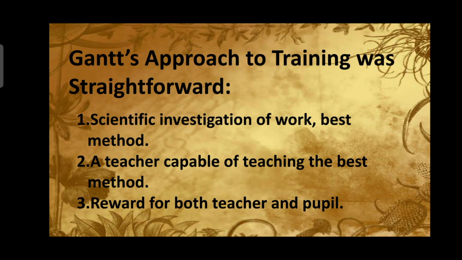Gantt's approach to training was straightforward. First is scientific investigation of the work's best method: scientific investigation of the details of each piece of work and determination of the best method and the shortest time in which the work could be done.